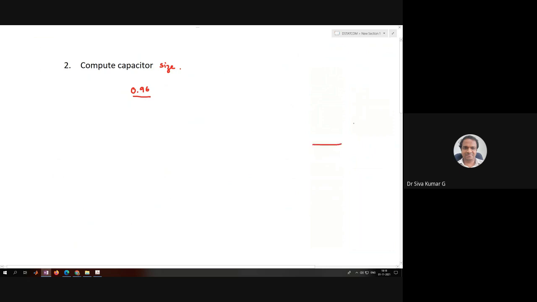For that, if you draw the power triangle, as I drew in the last class also, cos phi is the power factor. This is phi 1, and we are going to make use of cos phi 2.